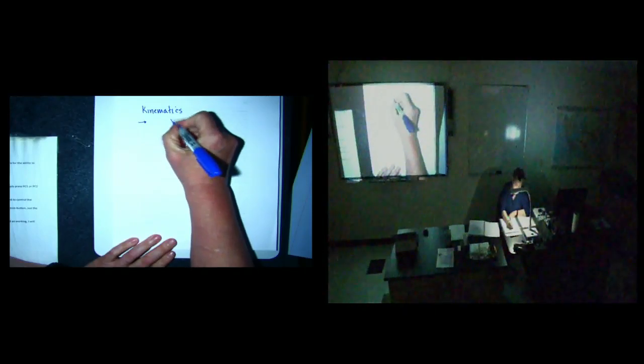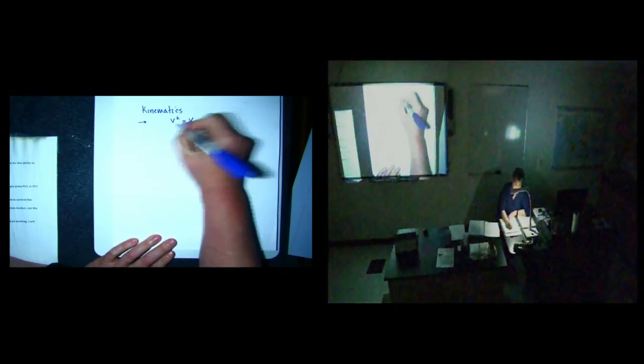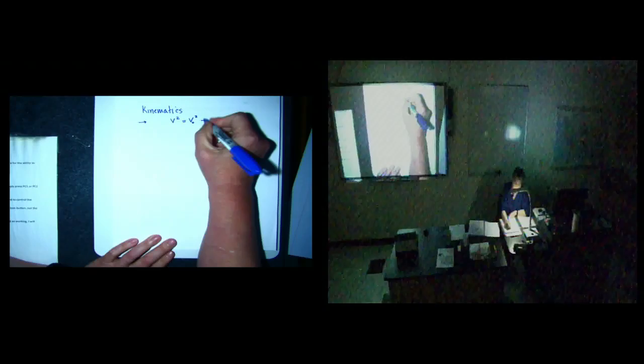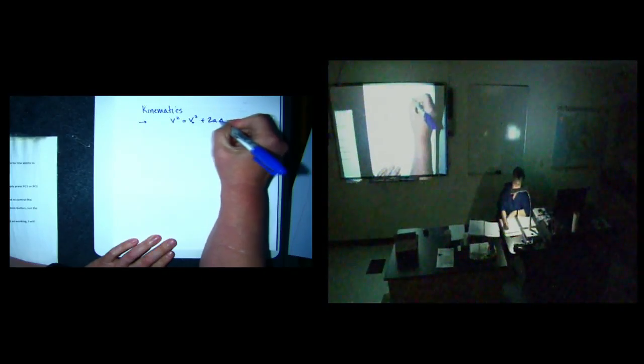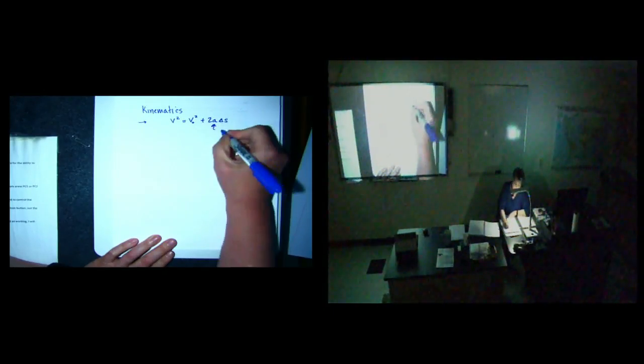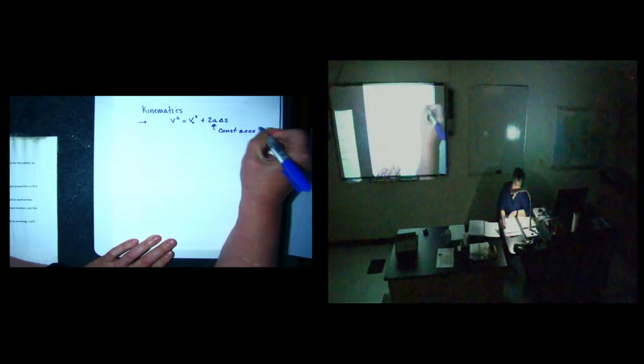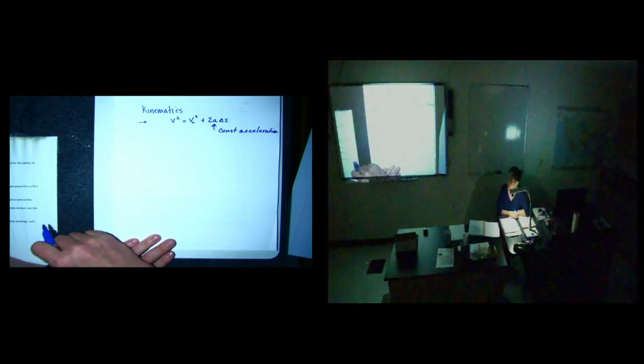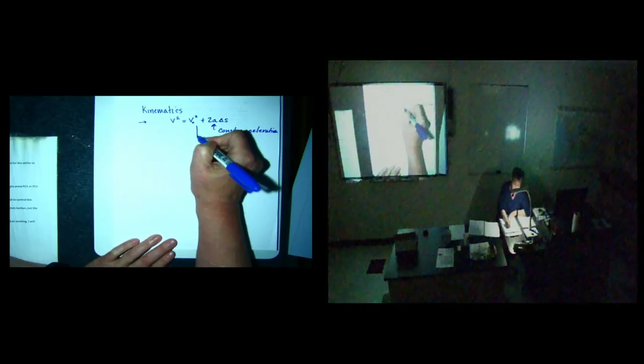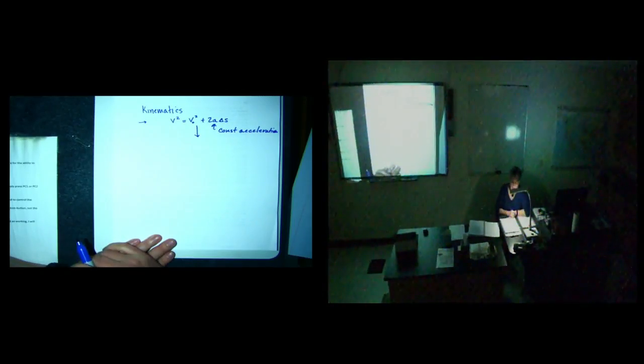This was a constant acceleration. And then we made it more complex in that we started saying that doesn't have to be constant. We actually worked through some problems where that didn't have to be constant.